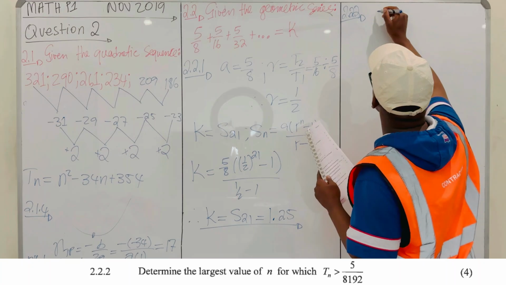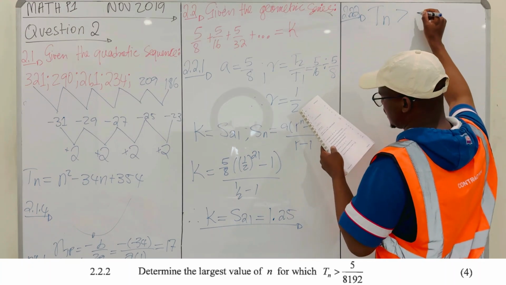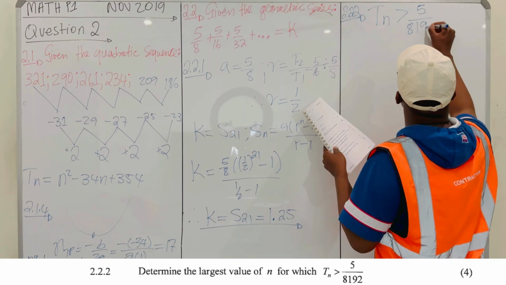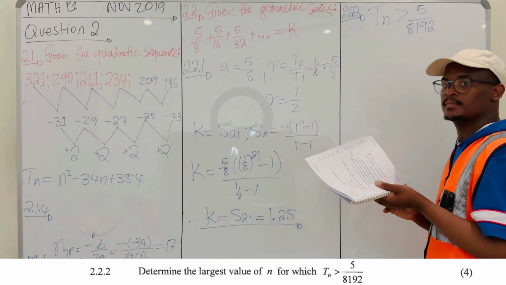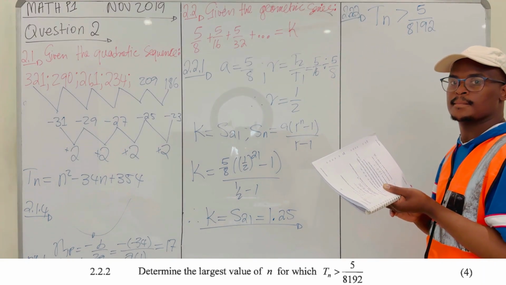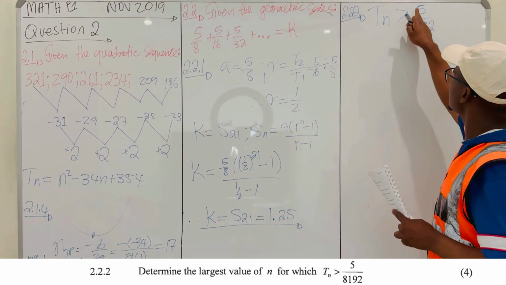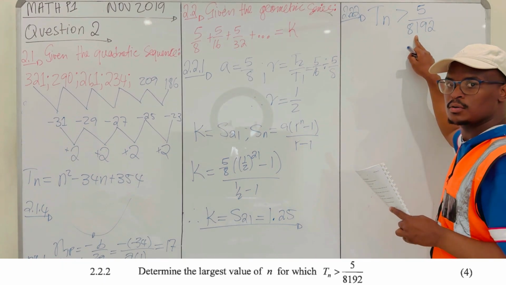So they wanted to find the value of n so that your Tn is greater than 5 over 8192.